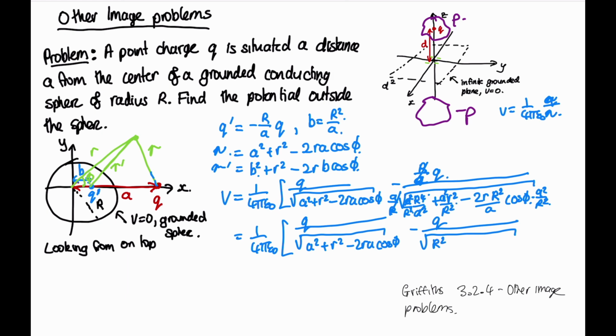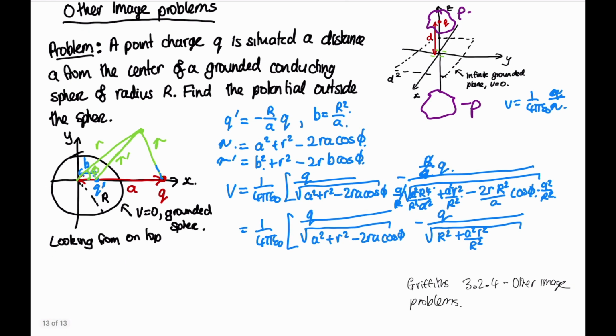Here we've got A squared plus A squared R squared over R squared. And then here, one of these A's will cancel, so I've still got an A on top. This R squared will cancel this R squared, so this is minus 2RA cos phi.